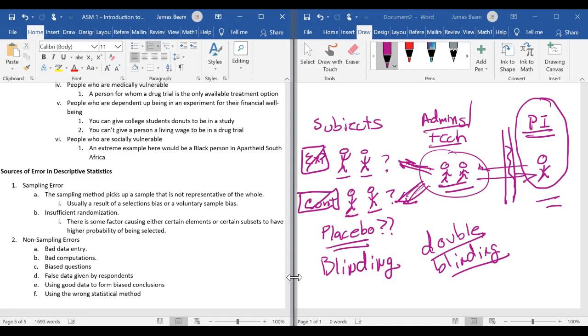Using the wrong statistical method. Oh my gosh, this happens all the time, where someone will do some sort of regression on data, and it looks like they're getting an exponential curve when it's logistic. This is how you got weird reporting when we had H1N1.